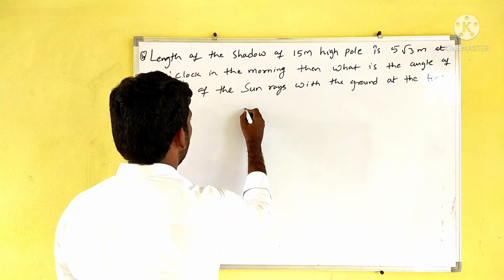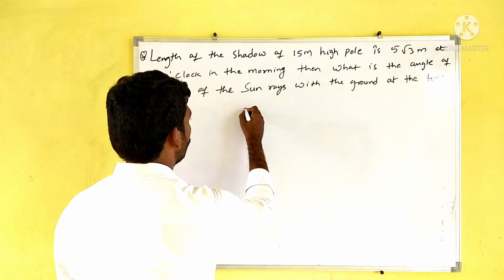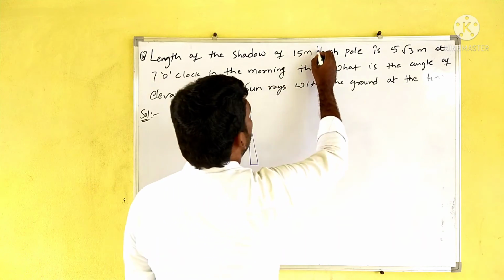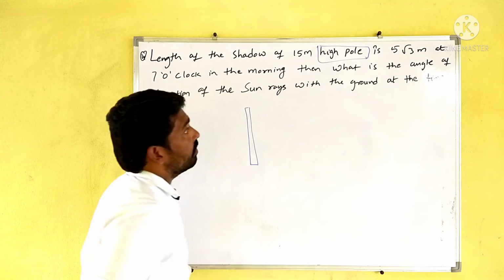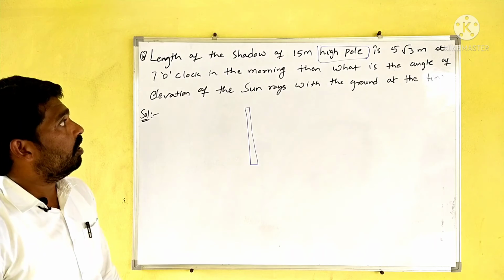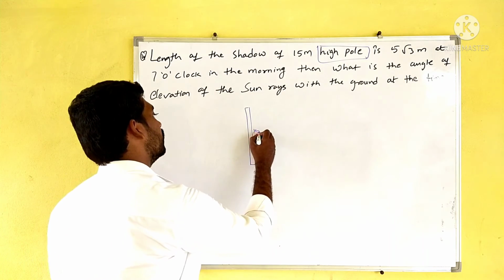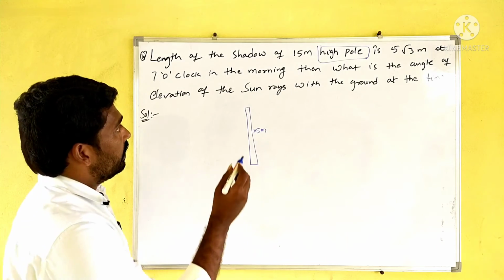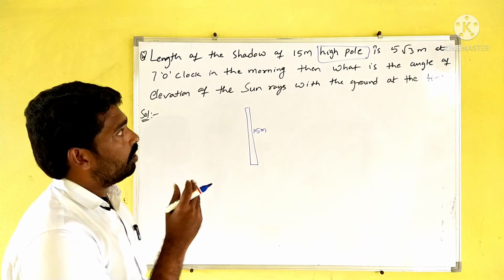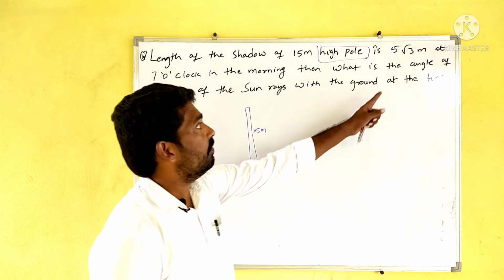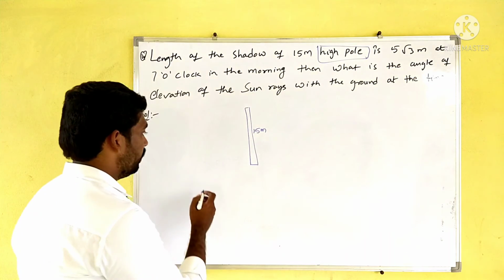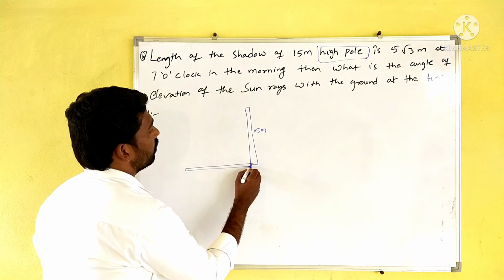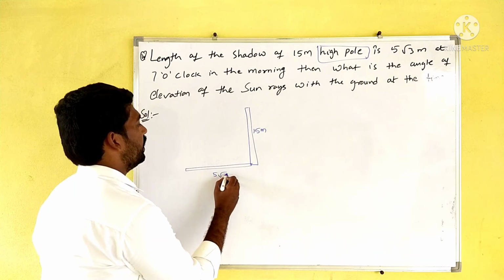This is an electrical pole with height 15 meters, and this is the shadow of the pole, 5 root 3 meters.